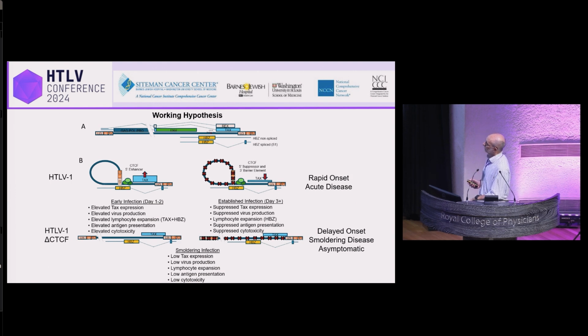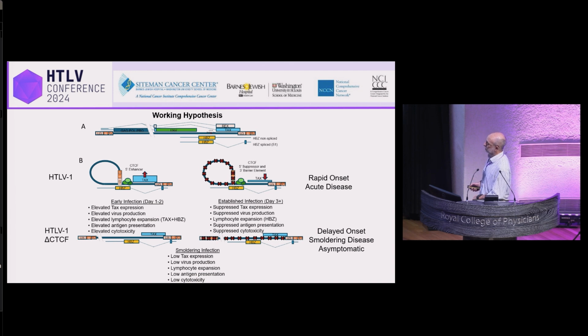So our working hypothesis is that when the CTCF site is present, you have early infection, which is rapid onset acute disease characterized by elevated Tax production, virus production, lymphocyte expansion, antigen presentation, and cytotoxicity, and then subsequently perhaps more suppressed expression.